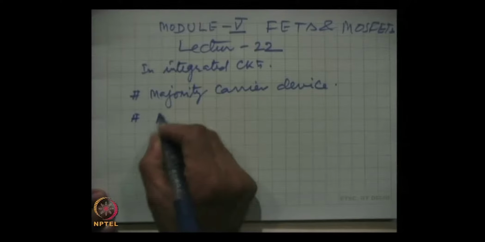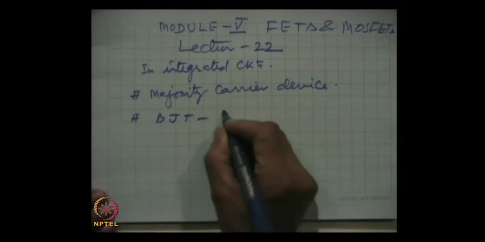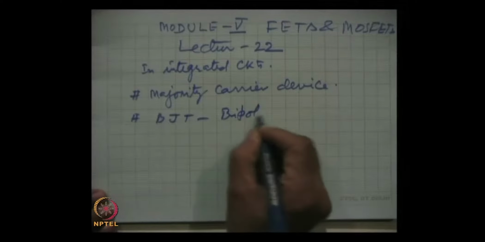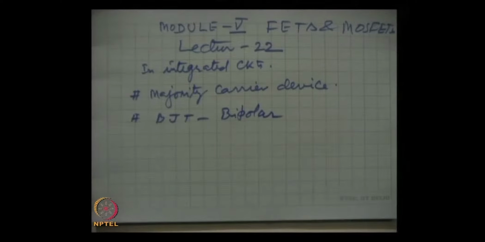This is one difference. Then the whole operation, I do not want to go into details, we have finished that earlier, the BJT is a bipolar device. That means for the operation of a bipolar transistor, we need holes and electrons both.